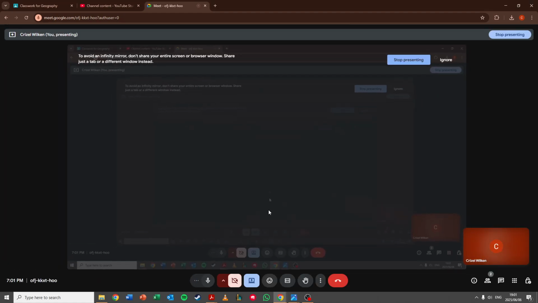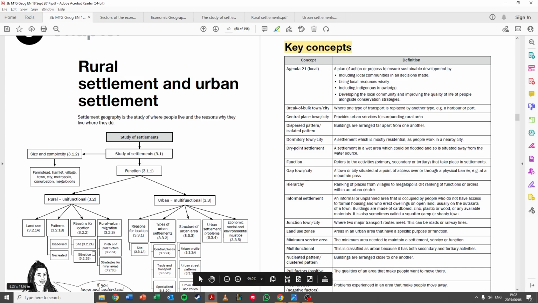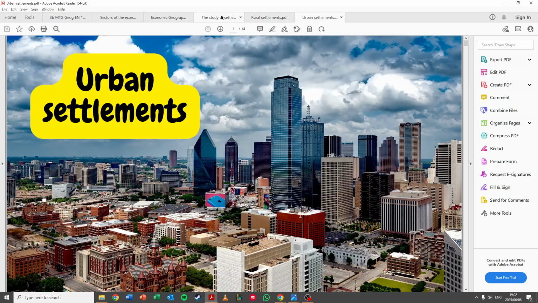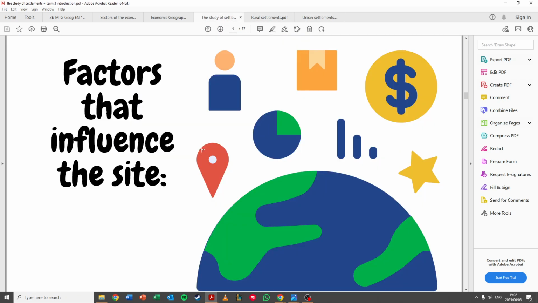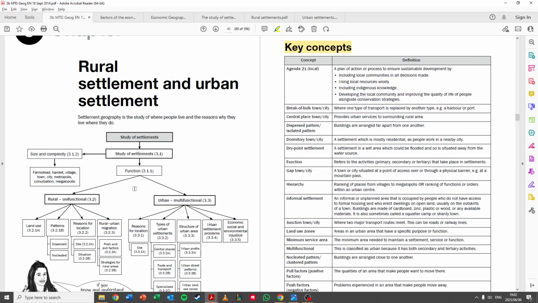Okay, so I am quickly just going to share my screen. Okay, there we go. Please make use of Mind the Gap for your study work. Same as in paper one, please use it for paper two. There are, however, a few things that I do want to mention regarding the notes for paper two. For rural and urban settlements, I gave you three notes that I uploaded: settlements as a whole, which went through the normal stuff, rural settlements, and urban settlements on their own.